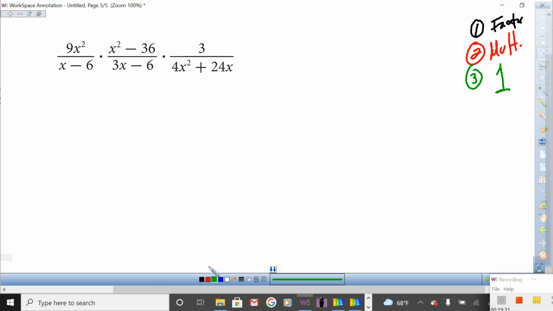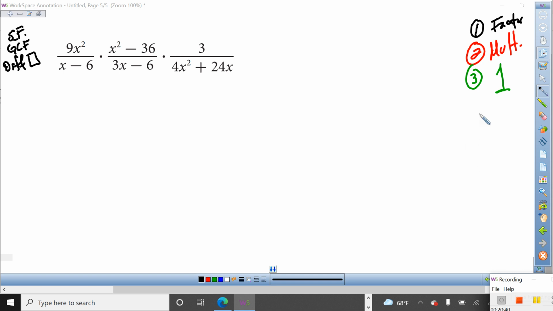Okay, but for factoring, what are we checking for? We're checking for standard form, GCF, and difference of squares every time, yes? Okay, I'll give you a head start. So I want you to do step 1, and I'm going to see if I can catch up when you're already in step 2. Copy that?